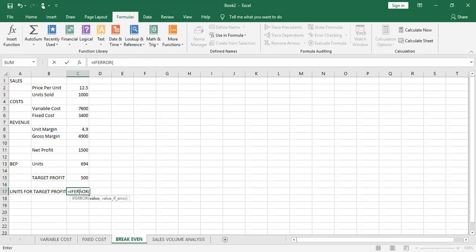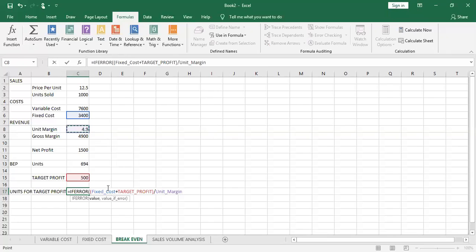Now you see, the IFERROR function comes with its own bracket. The computation requires the addition to be inside the bracket. So we need to open another bracket, and this is fixed cost plus the target profit of 500, close this bracket, divided by the unit margin.